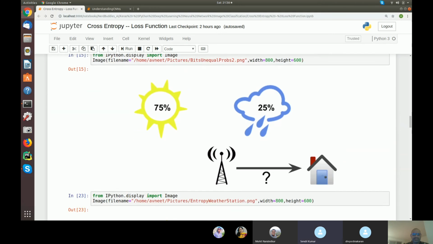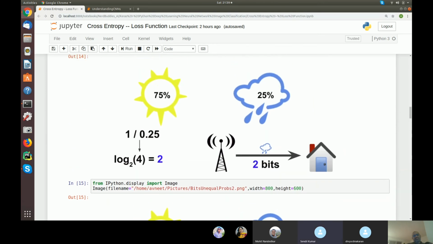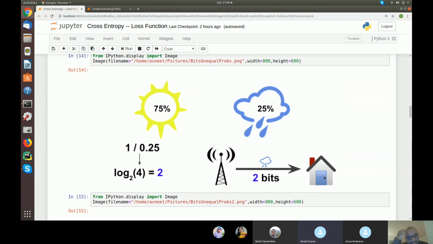A negative sign means reciprocal. So for this one, it's 1 by the probability, so that's 0.25. Now, if we inverse that, by definition the entropy has a negative sign.